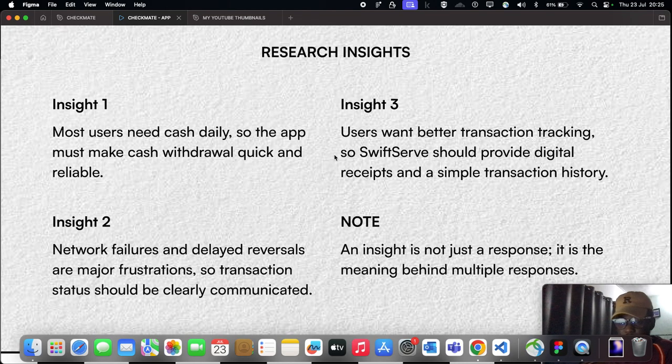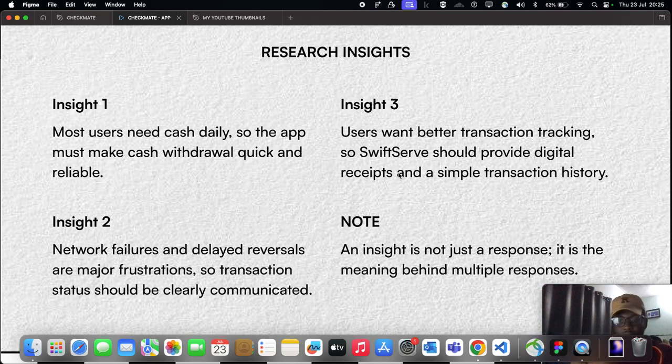And then another insight we can get from the research we just did is that users want better transaction tracking. So it means that in our app, which is SwiftServe, we should provide digital receipts and maybe a simple transaction history. Users want to be able to track their transactions well. Do you get? That's what it means.